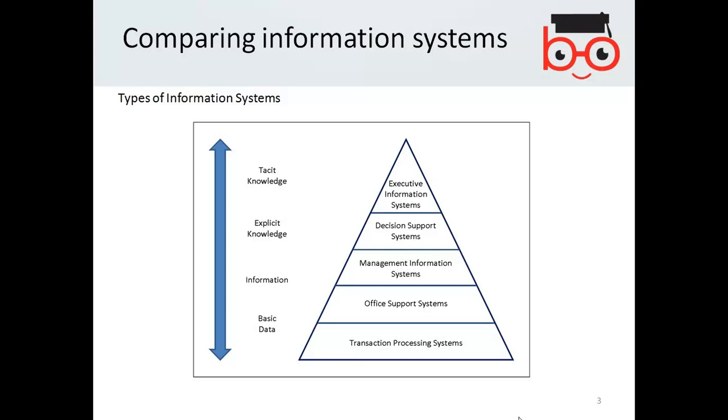Office support systems hold information about offices, like employees, their salaries, their work, their hours of work, and any similar things which are not related to anything other than the basic data.